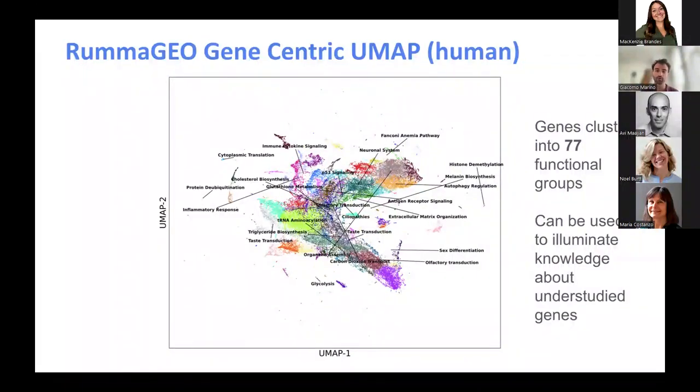For a majority, over half in the human case, we have quite clear functions for what those clusters correspond to. For some of the unlabeled clusters, many of those genes are from the same chromosome, or perhaps they have multiple functions, so it's not quite as clear. But this is an interesting analysis, and by looking at these clusters, we can perhaps illuminate some knowledge about understudied genes as well.